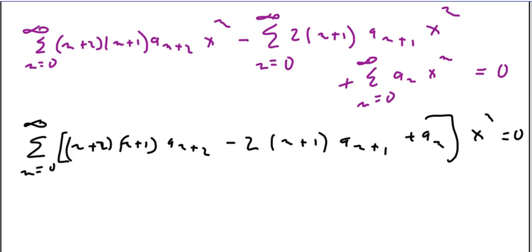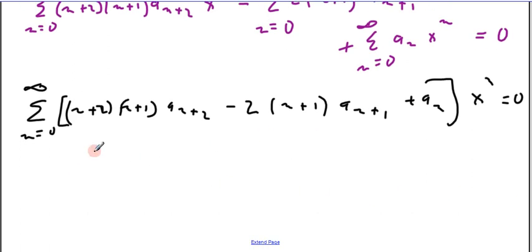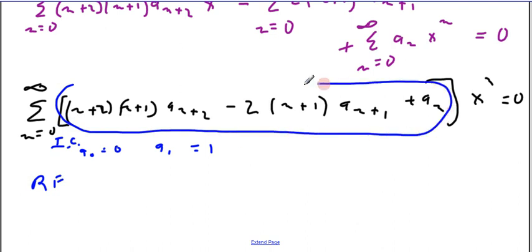Now, from my initial conditions, I remember that a0 is equal to 0, and a1 is equal to 1. I have a recurrence formula sitting right here. I'll circle it in blue.